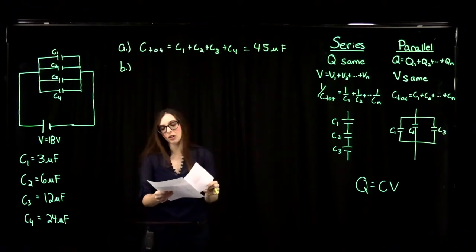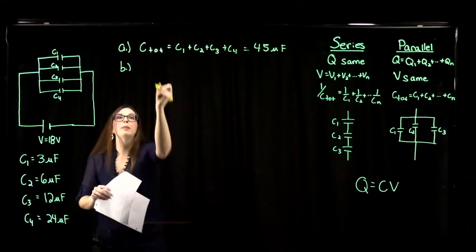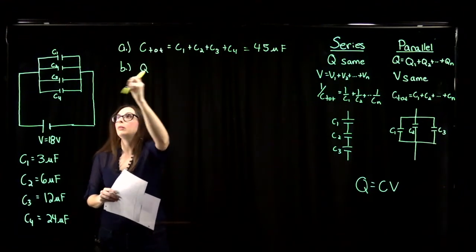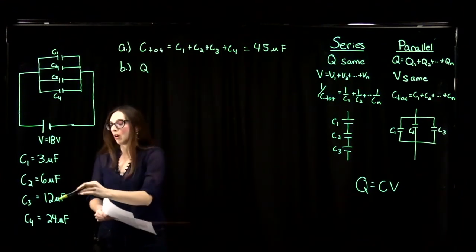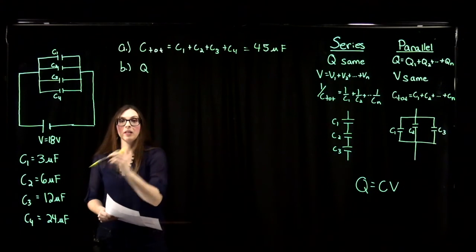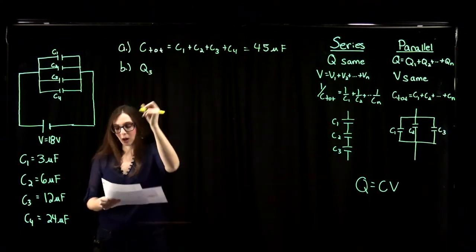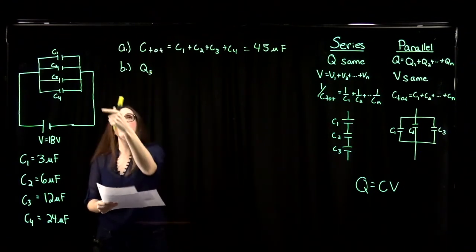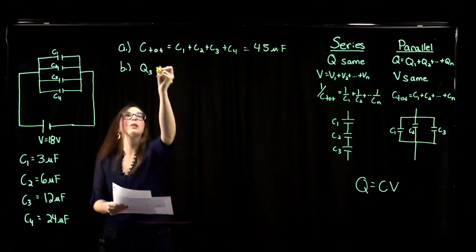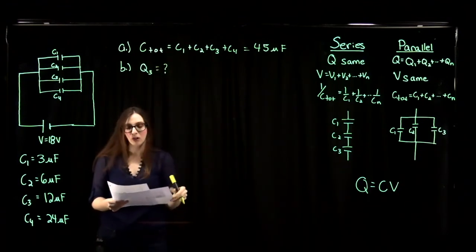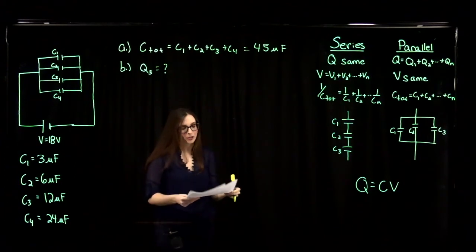And then part B. Find the charge on the 12 microfarad capacitor. So Q, the 12 microfarad capacitor, I was calling 12 microfarads. So let's say we want to find the charge on our third capacitor. So the charge on Q3 is equal to question mark. Okay, this one's a little bit more interesting.